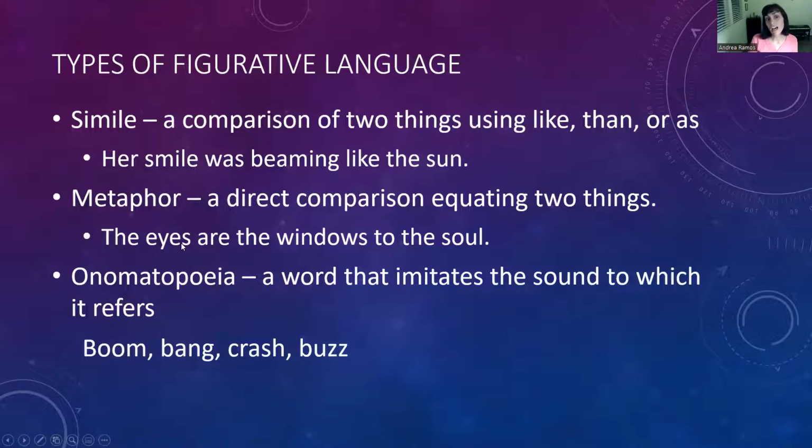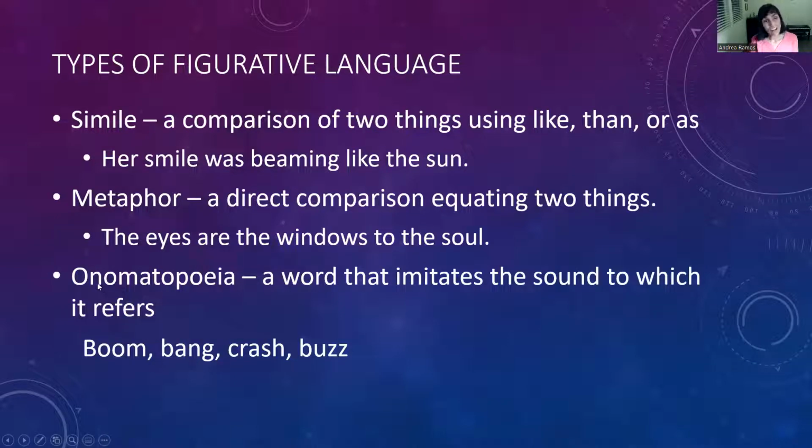We're not saying that the eyes are like windows. We are saying that they are windows to the soul, that they're an opening through which you can see into a person's soul. So the eyes are the entryway, the window, the opening, the viewpoint into a person's soul. We're equating these two things, and that's a metaphor.